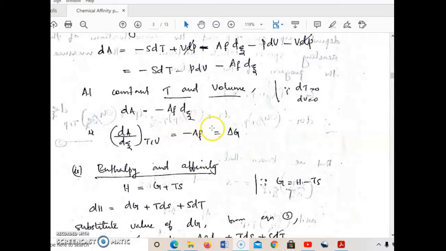And we know minus AF is equal to ΔG from the first equation itself. So the relation of Helmholtz free energy or work function with chemical affinity is that the variation of work function with respect to extent of reaction at constant temperature and volume is equal to minus AF. This in turn is equal to the change in free energy.